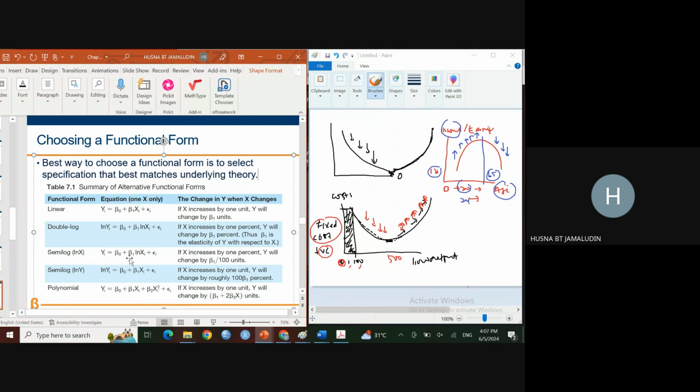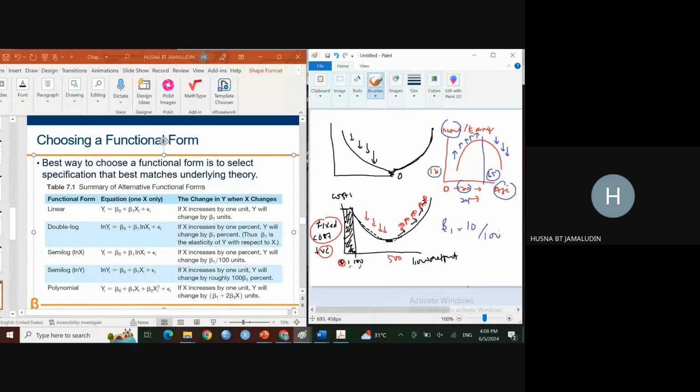So let's say your beta 1 here is 10, so 10 divided by 100, what will you get? So if let's say your beta 1 equals 10, remember, to interpret it you have to divide your beta 1 by 100.